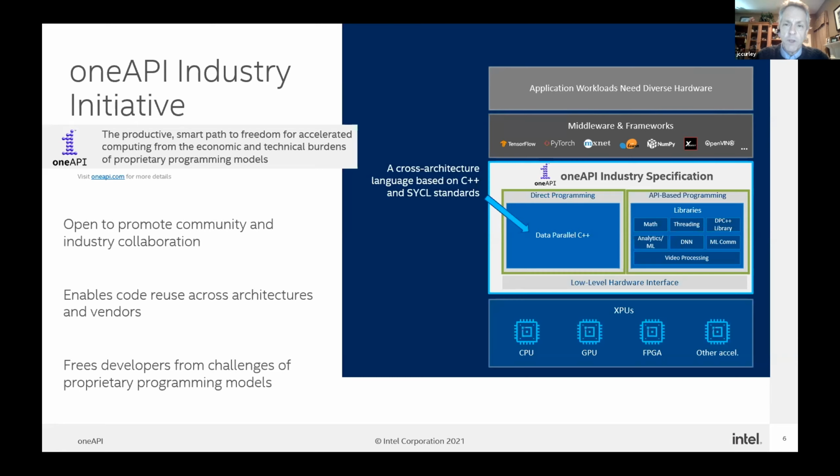The second thing that we try to define are standard library interfaces that can be used to have a common call into a library interface and then call through optimized libraries for each of the underlying accelerators. So for example, if you wanted to work with an Intel GPU in the future, you would be able to call oneMKL, which would then have an Intel math library, and then our underlying hardware.